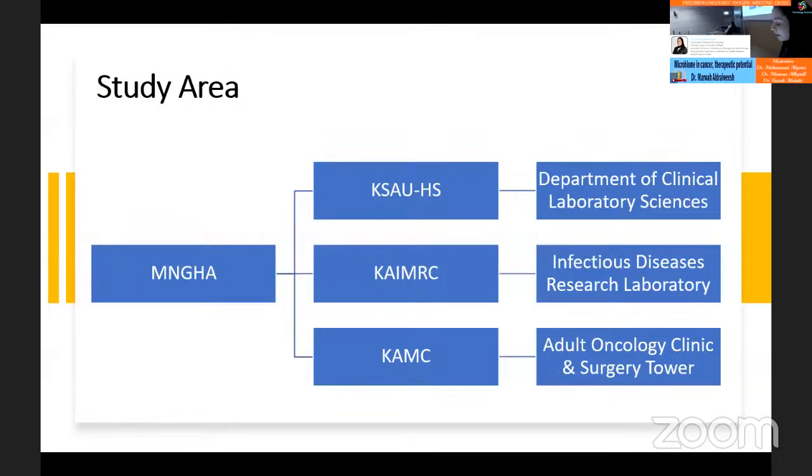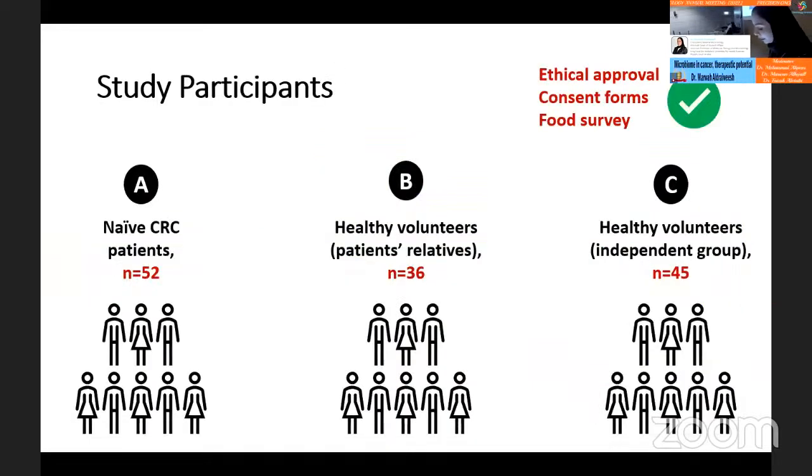So this slide explains the study area. It's in the Ministry of National Guard Health Affairs central region, a collaboration between the university, the research center, KAIMRC, and King Abdulaziz Medical City. As for the study participants, we have 3 groups. The first group is naive colorectal cancer patients.